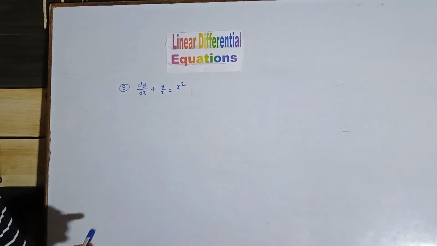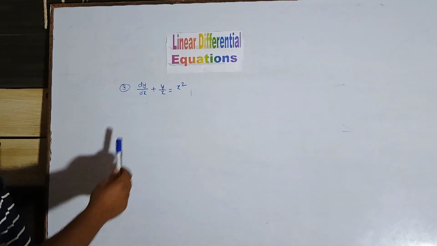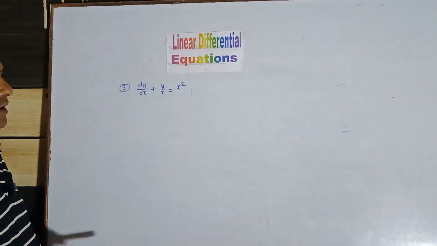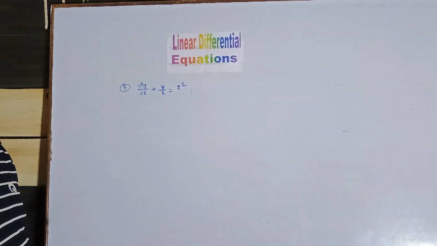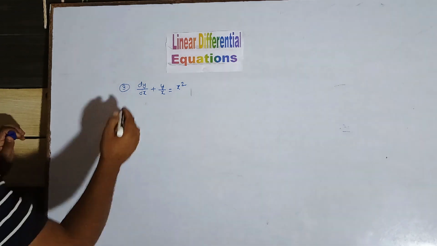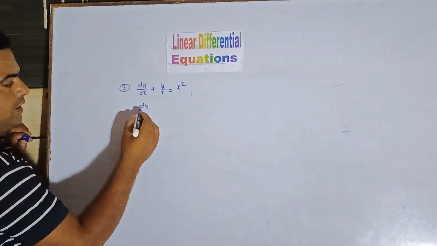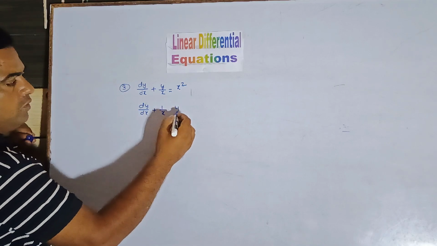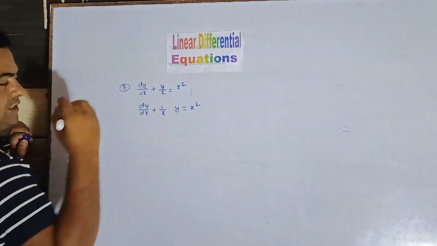Students, now we have dy over dx plus y upon x is equal to x square. We have to find the solution of this differential equation. This is also a linear differential equation. We can write it as dy over dx plus 1 over x into y is equal to x square.